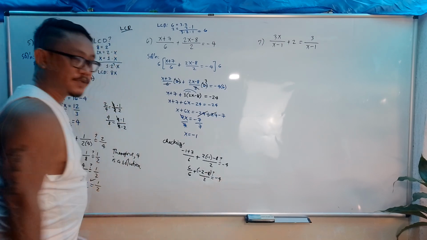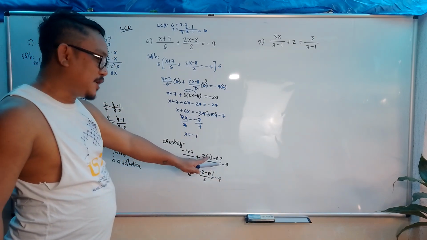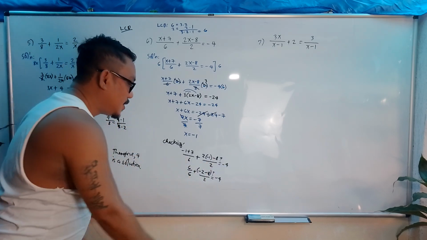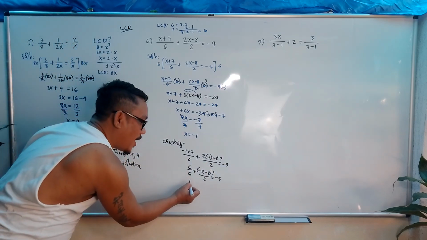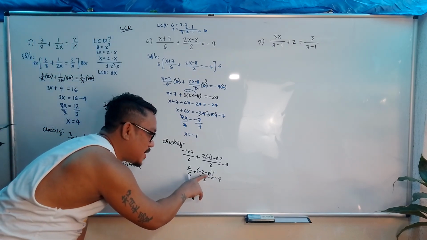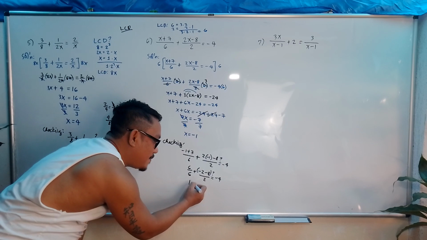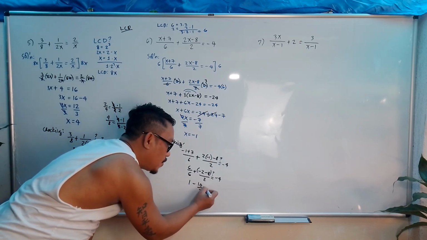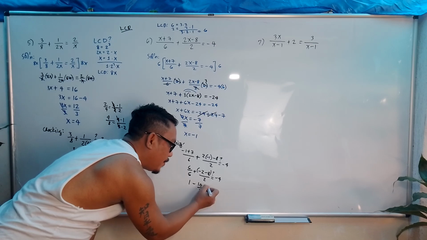So, question mark. 2 times negative 1 is negative 2. Then you copy minus 8. Correct? So, 6 divided by 6 is 1, right? Then, here, negative 2 minus 8. You have negative 10 over 2, which is equal to negative 4.